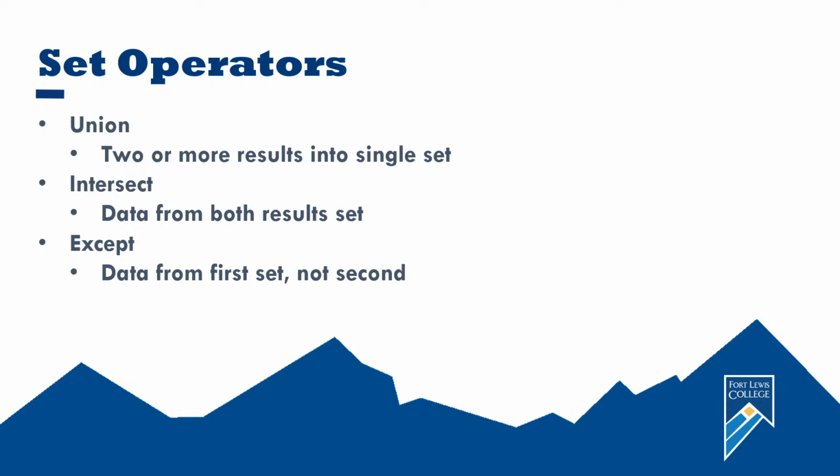That's a better way to phrase it. And then of course you have except. That's where you're using data from the first set, not the second set. Now this is covered in a lot more detail in chapter 4, where you start to do basic joins. Joins are where we're going to do a lot of this stuff. So this is just kind of understanding the theory behind it, though.